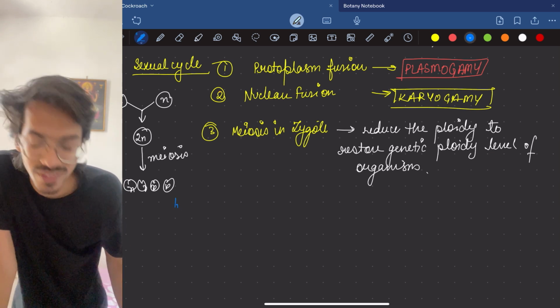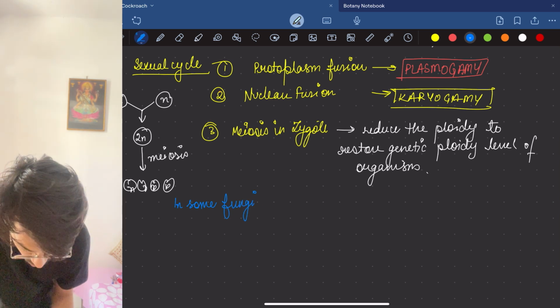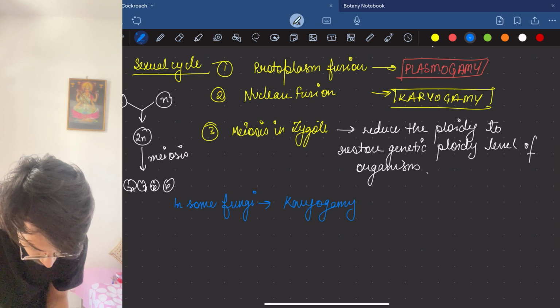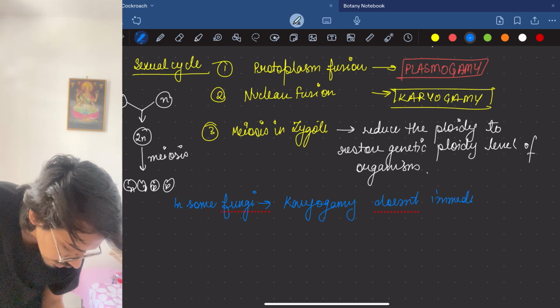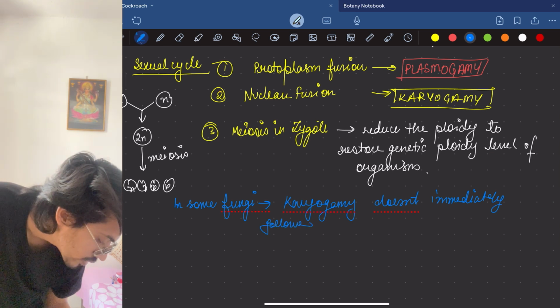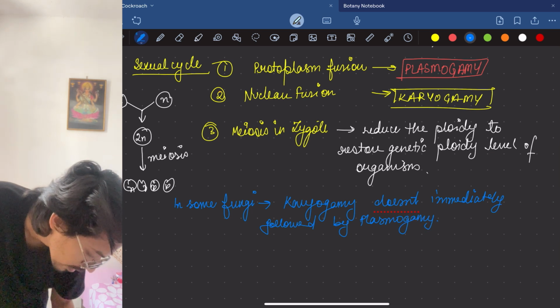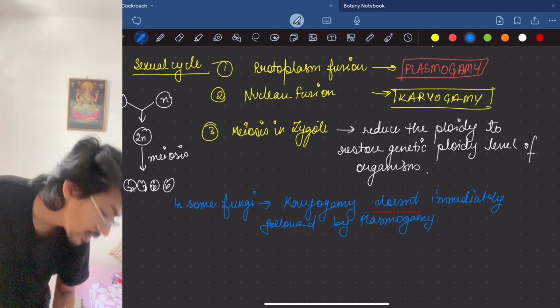But in some fungi, they are different. In some fungi, karyogamy does not immediately follow plasmogamy. Two nuclei are present in the cell.